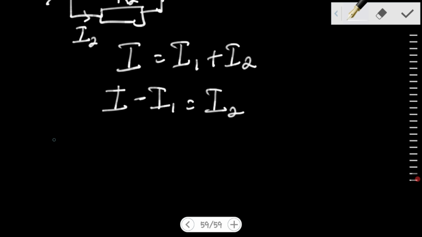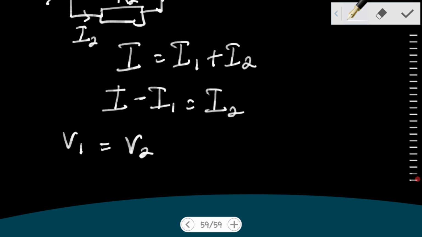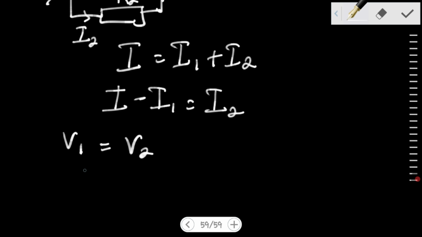I know that V1 is equal to V2, and V is equal to IR. That means I1 R1 equals I2 R2.